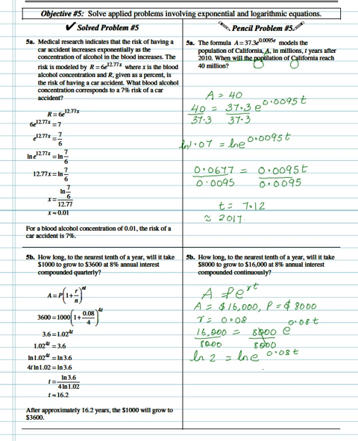So ln 2 would be 0.693, and this would simply be 0.08t. Dividing both sides by 0.08, I would get approximately 8.7 years.